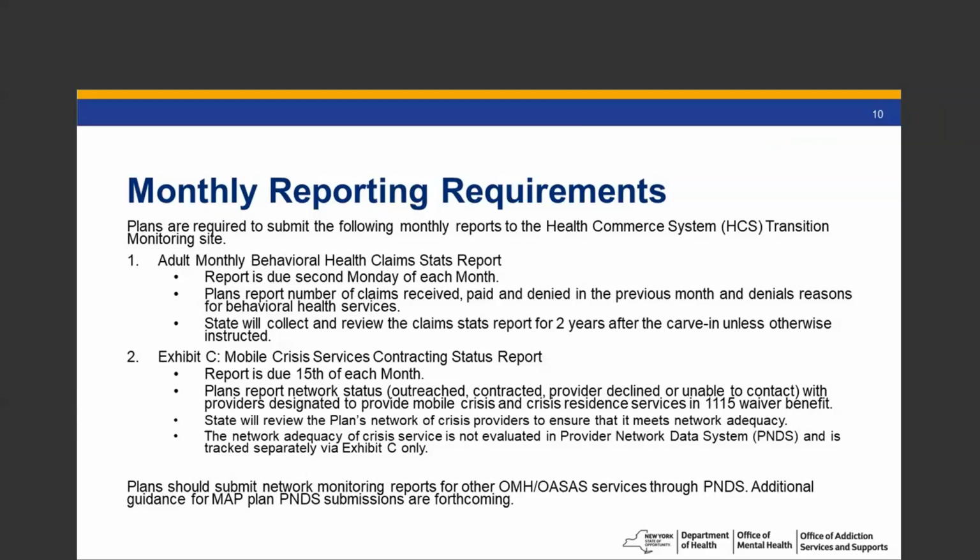This report will collect number of claims received, paid, and denied for each OMH and OASIS service. And this report is due the second Monday of every month, and the first due date will be February 14th, 2022, which will be reflecting the status of the claims plans received in the previous month, which is January 2022.